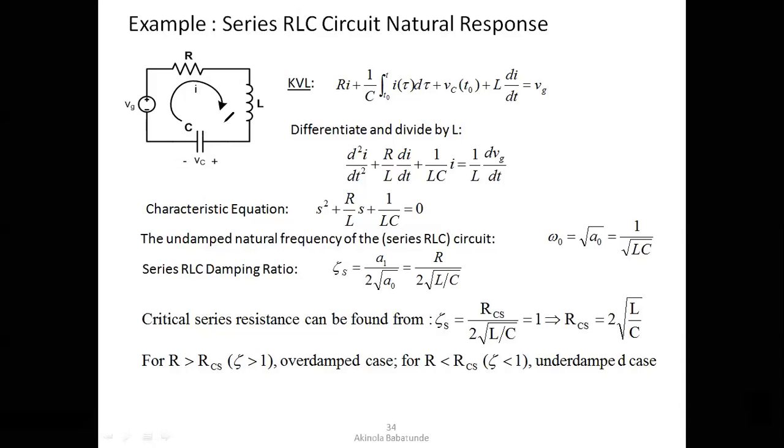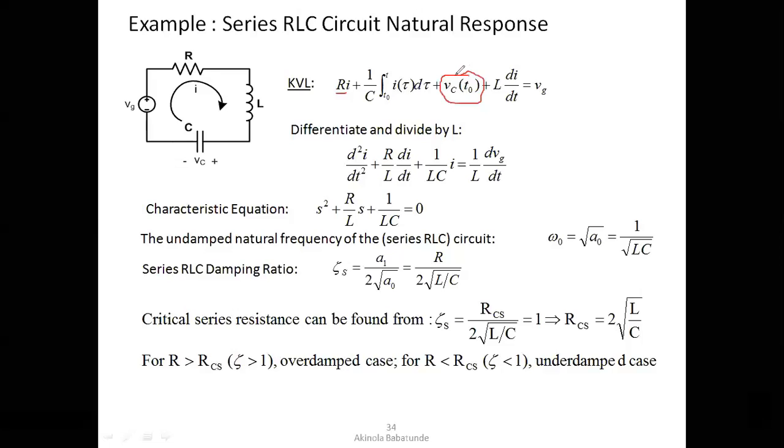If we have this, we can easily take our KVL here. You have our voltage source. So taking the KVL, you can see that the voltage across the resistance will be equal to iR using Ohm's law. The voltage across the capacitor will be equal to 1 over C integral of i(t) dt plus Vc(t0).